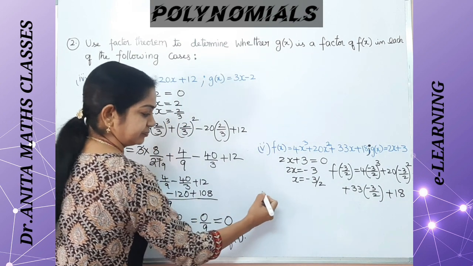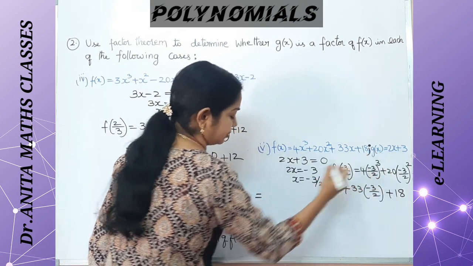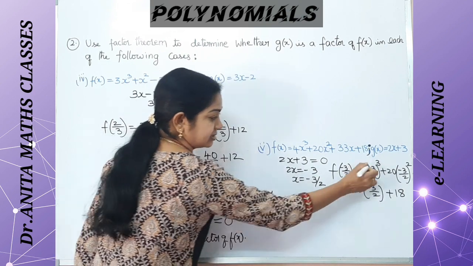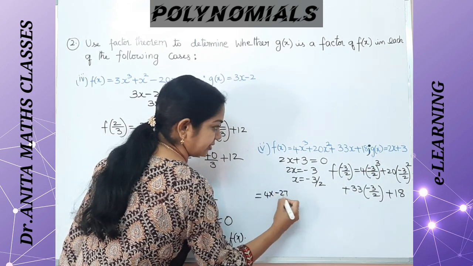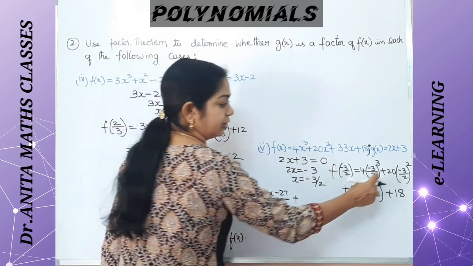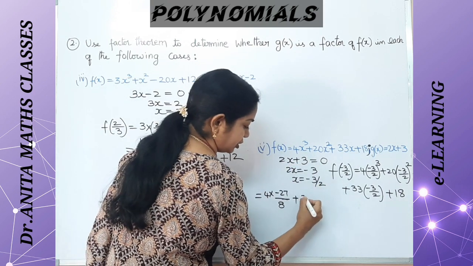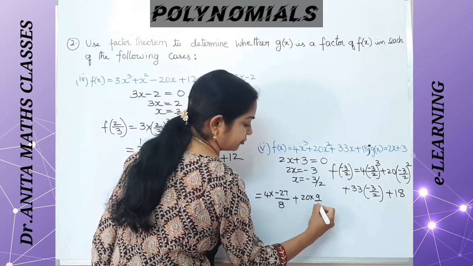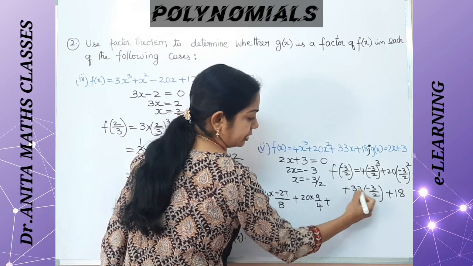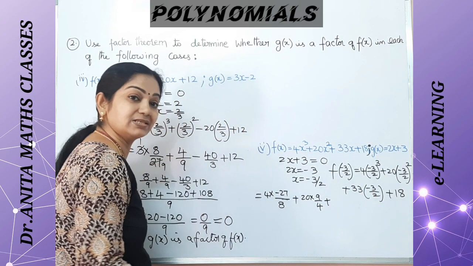Okay, I'll write it here. So that comes to 4 into (minus 3) whole cube, which is minus 27 by 8, plus 20 into (minus 3) whole square, which is 9 by 4. So 20 into 9 by 4 I can write here. Here we can multiply 33 into 3 is 99.